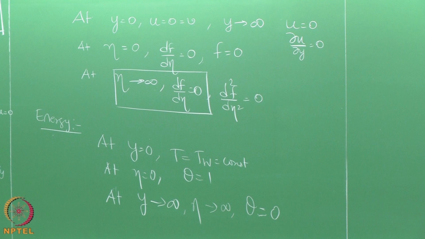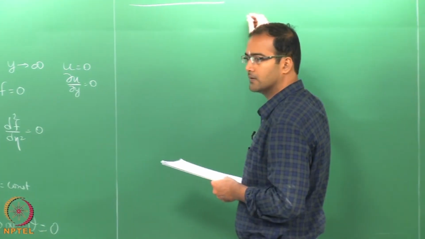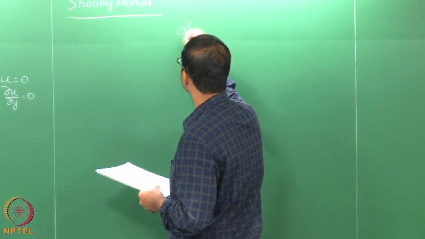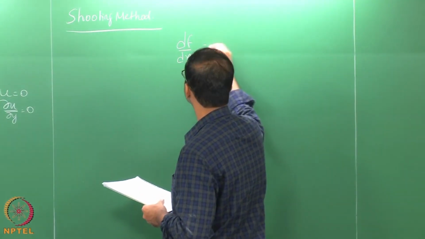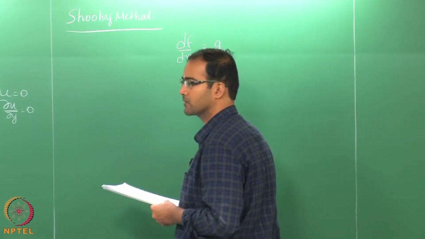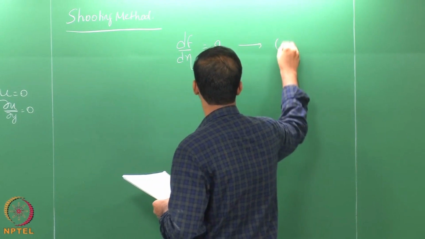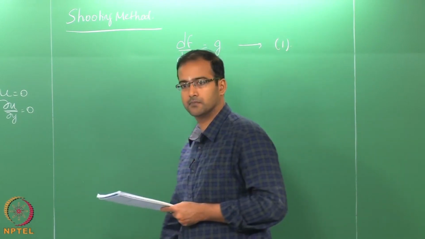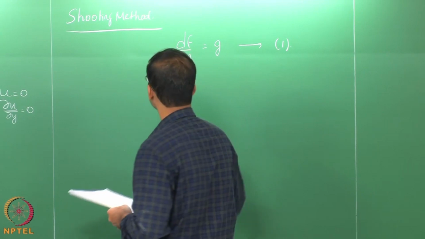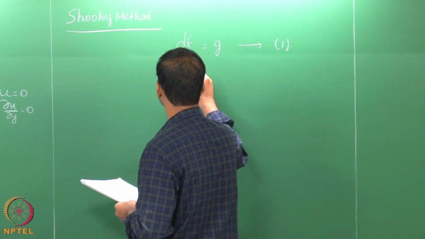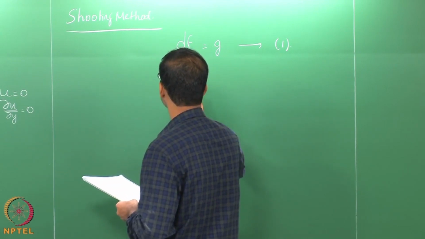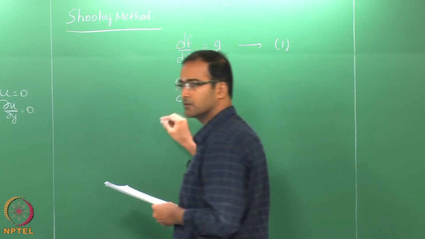So, what do you start with? df by d eta is equal to g. This is your first order ODE, and then therefore, next dg by d eta is equal to h.